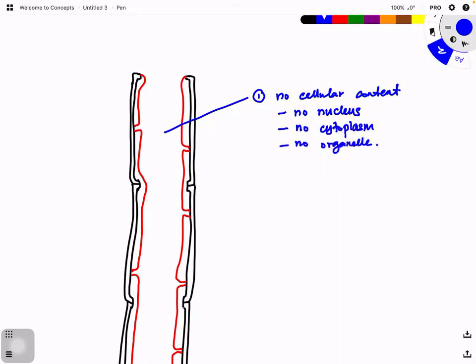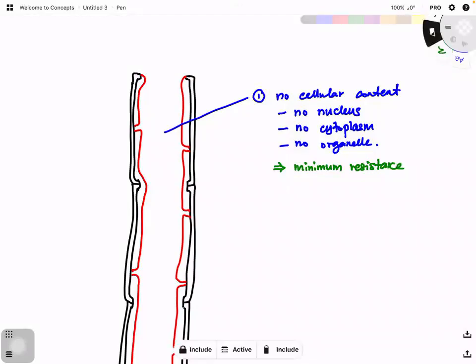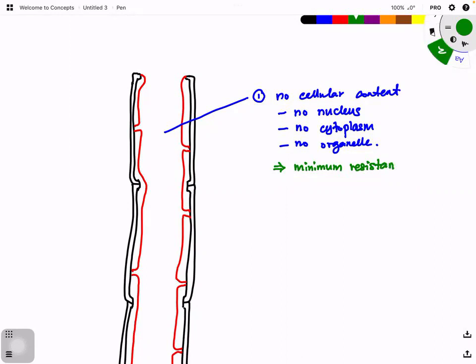If there is no nucleus, no cytoplasm, no organelles, they give a very minimum resistance for the flow of the water in this xylem vessel element.